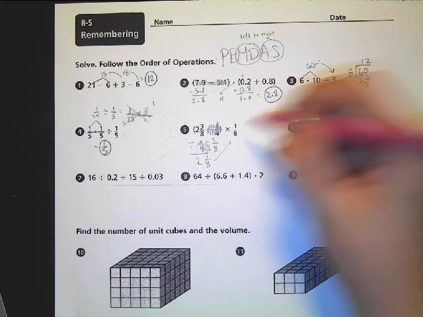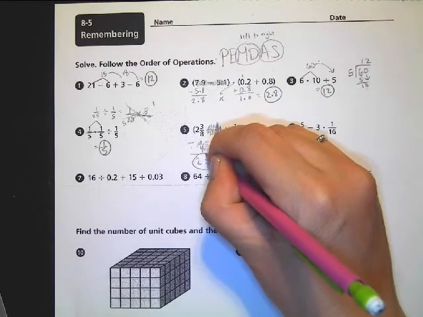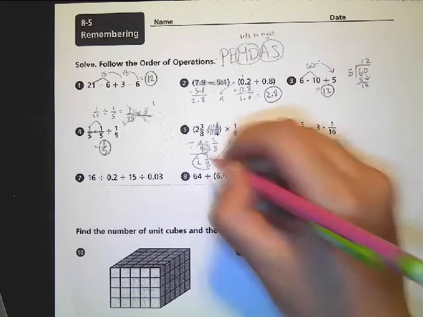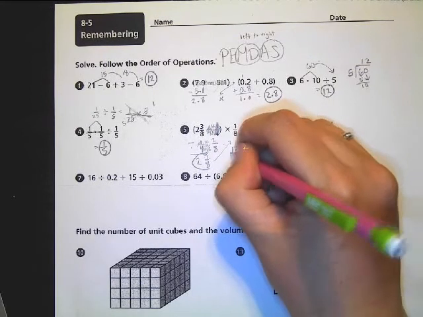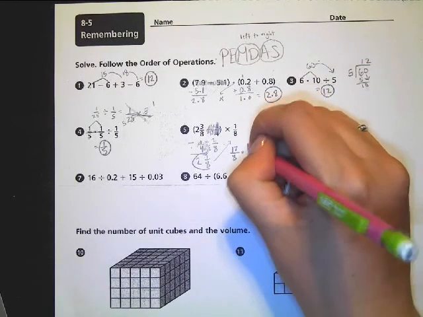And then 2 minus nothing is 2. So I have 2 and an eighth. And now I'm supposed to times it by an eighth. Well, you can't multiply a mixed number by a fraction until you change it.